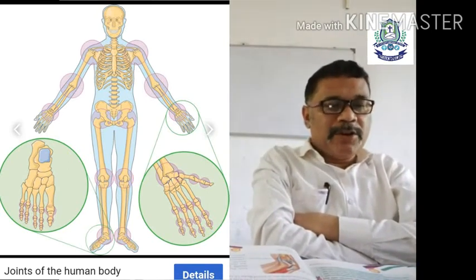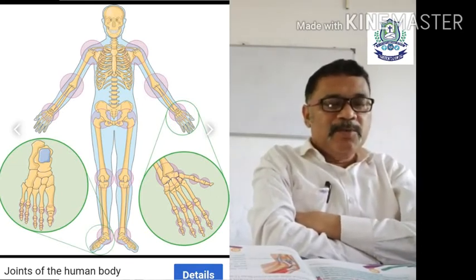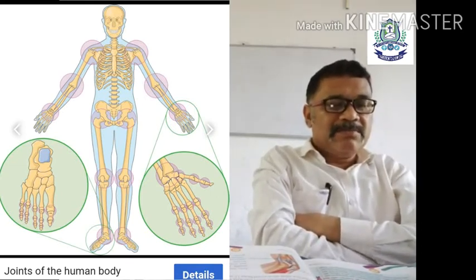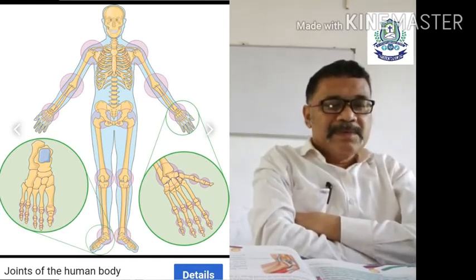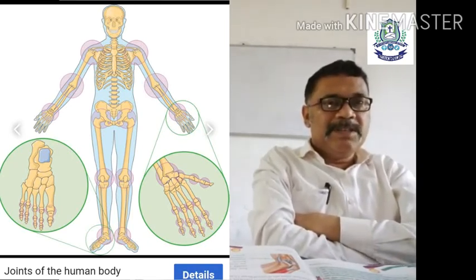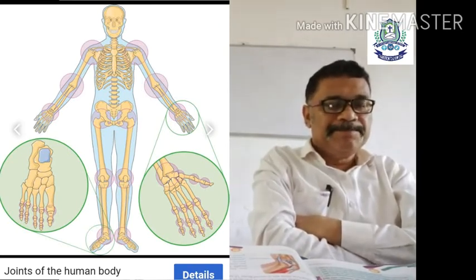After that, pivot joint. This joint allows movement sidewise, up and down, and it is present in between the first two vertebra of our body.